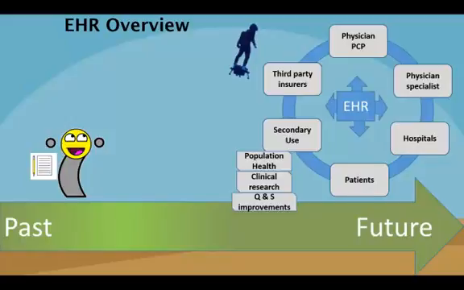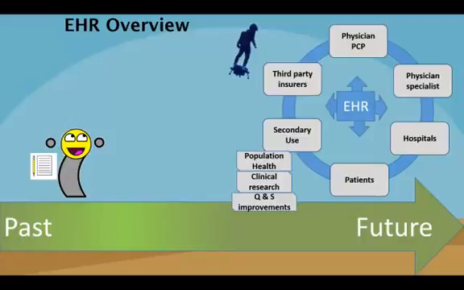But if you look at EHR in the Center for Medicare and Medicaid Services vision of that, the record is no longer just yours as the doctor. It's going to be viewed and added to by several different parties. Primary care physicians will have access.